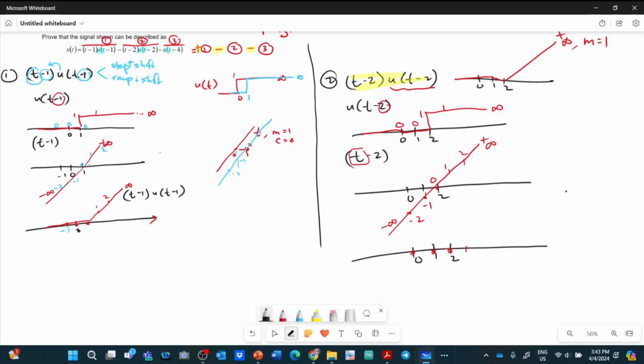So this one, we take the third point as 1. Of course, the rest will be a linearly incrementing ramp up. So this is the final signal, t minus 2 u t minus 2. If you do exercises regularly, you can answer this one straight away.